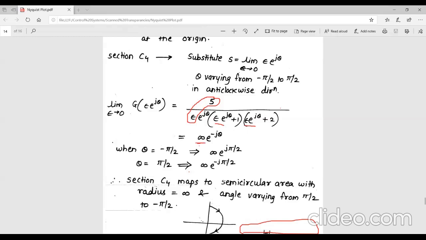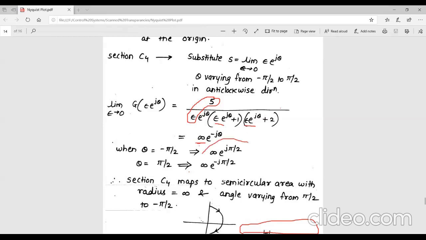Then when angle is minus pi by 2, because for section C4, now the starting point of the angle is minus pi by 2 and the end point is at pi by 2 depending on the direction. So after substituting this angle, we get infinity e raised to j pi by 2 and infinity e raised to minus j pi by 2.